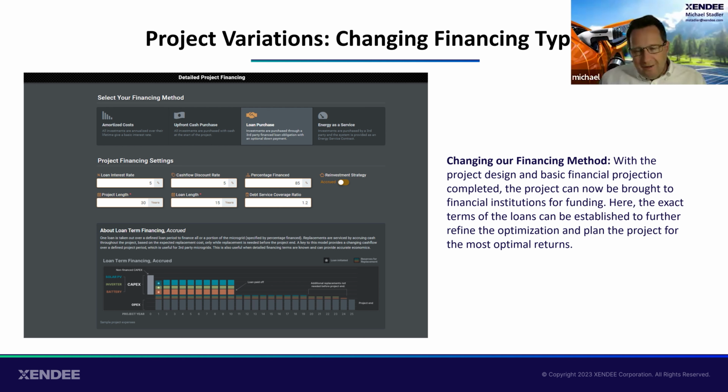But of course, if you don't care what's happening with the project after the project lifetime, then you could go with a net present value approach, the loan purchase approach. So now I changed this to loan purchases. We say that we want to finance 85% of the project through the loan. There's the loan length. The project length was set now to 30 years.